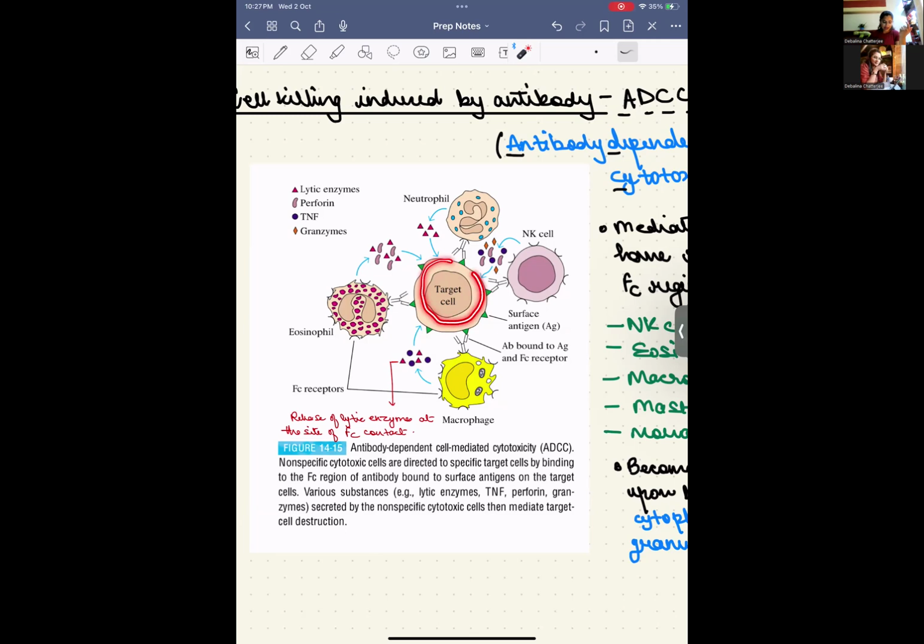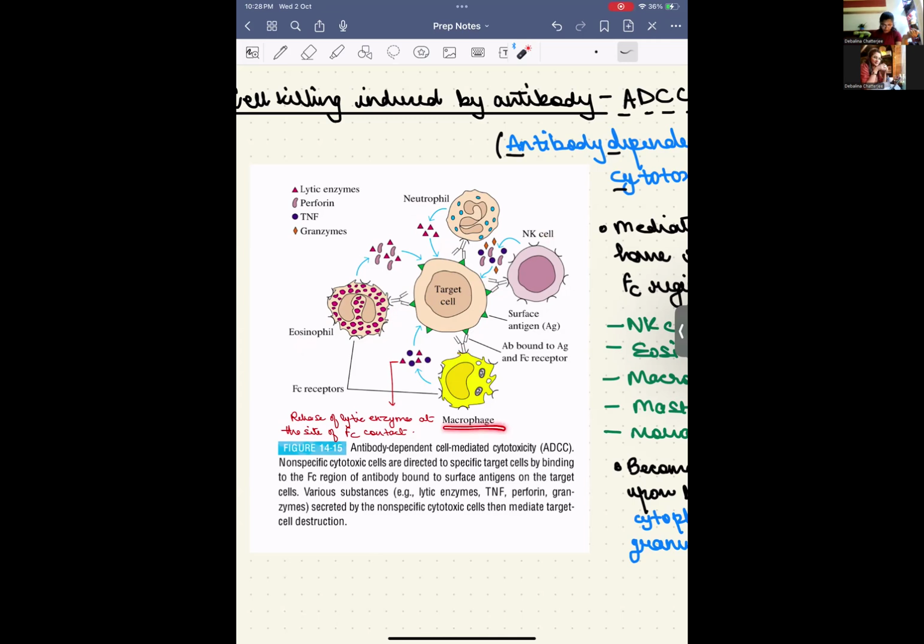The target cell has some pathogen on its surface, and this antigen is first recognized by the antibody molecule in a specific manner. So all these antigens are now being bound by antibody molecules. Based on which type of antibody is bound, different cells can come and bind the Fc region.